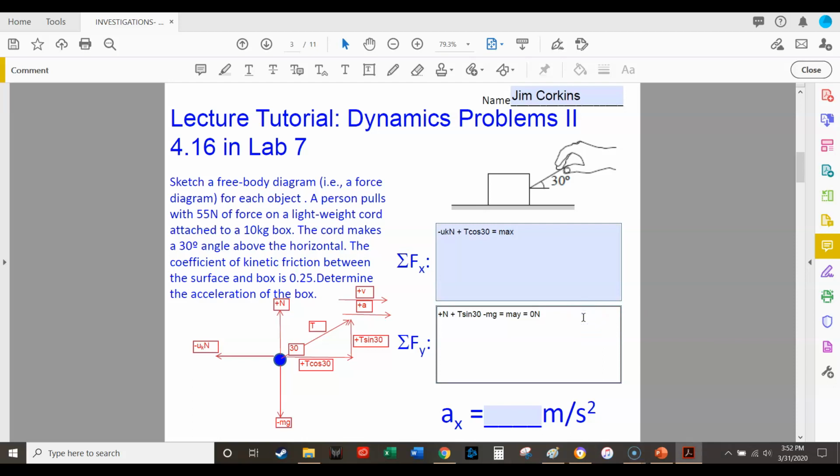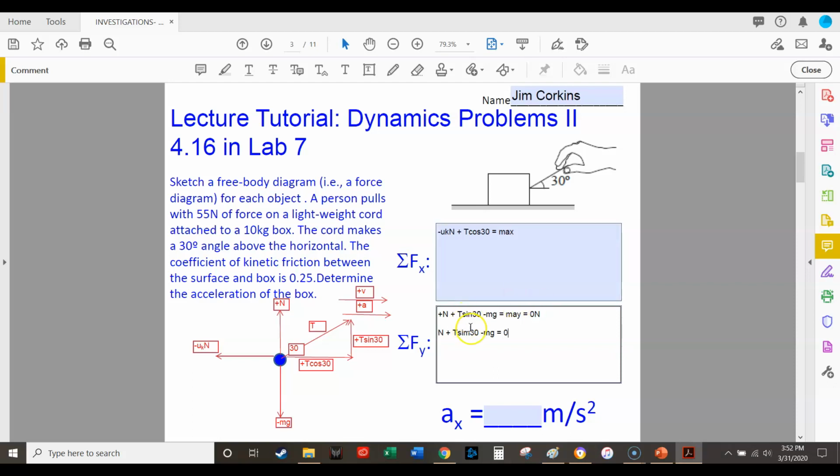So you could do this really quickly in the actual Adobe file. So I'm going to give this a couple spaces. All right. Since this whole area is equal to 0, we've got the normal force plus t sine of 30 degrees minus mg is going to be equal to 0.